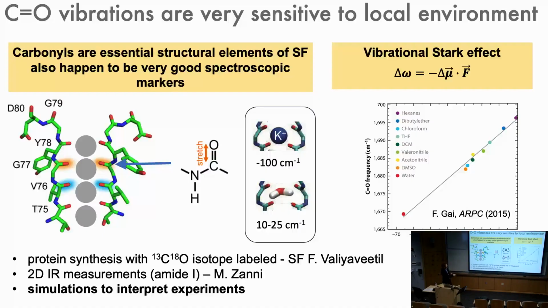This substitution changes the frequency by almost 70 wave numbers, meaning that we can isolate these carbonyls out of the signal from everything else. It's a big change, 70 wave numbers, you see that.